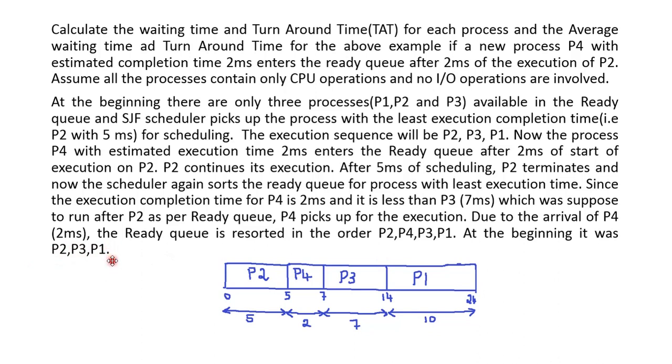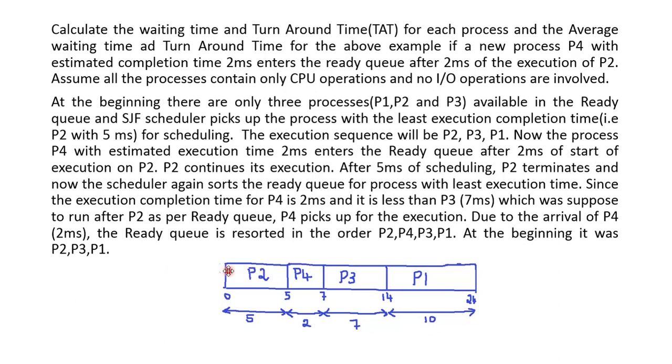Now you might have understood why P4 is placed after P2. This paragraph explains what actually happens when P4 with the shortest execution time enters the ready queue when P2 is already picked up by the processor, and 2 millisecond of its execution is done.